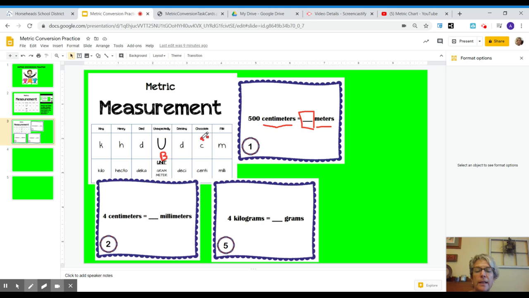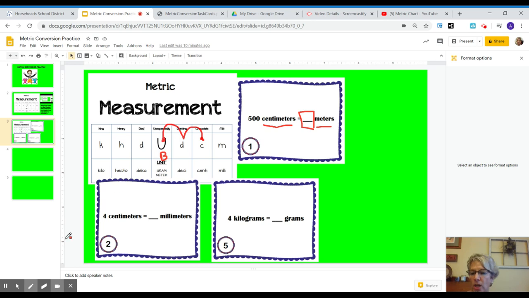So look at where I'm taking that bump, which direction, because that's exactly where I'm going to take my decimal. And watch. So I'm going to go from centi to unit, or to meter. So that's one bump, two bumps, and then I'm going to stop right there.